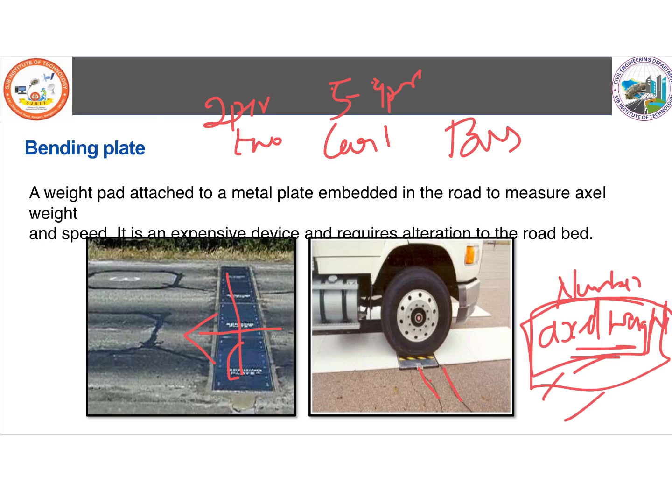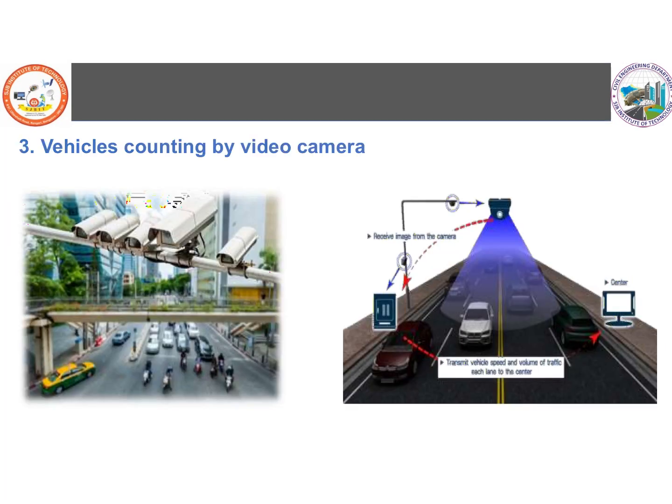The last method of vehicle counting is the video camera method. Usually we have CC cameras everywhere now. In this method, which is a very simple one, this is my road where the traffic volume study has to be conducted.